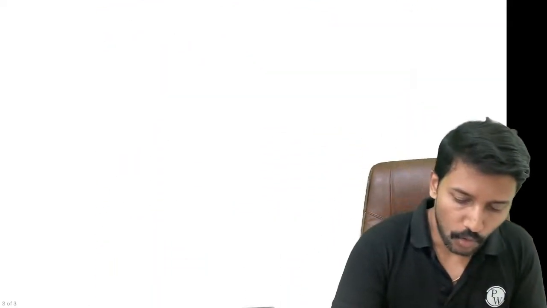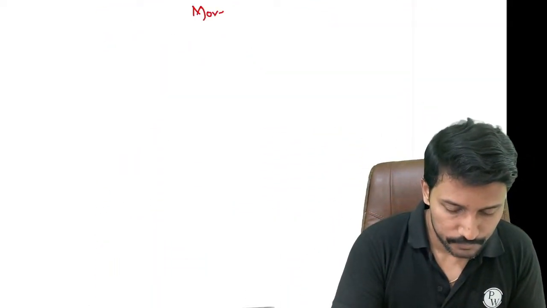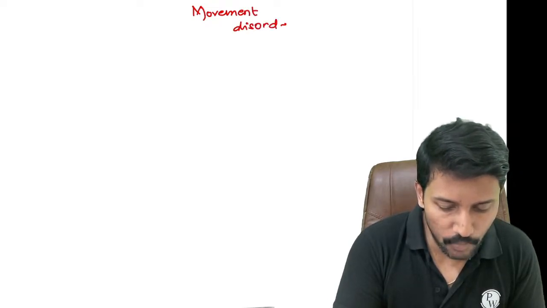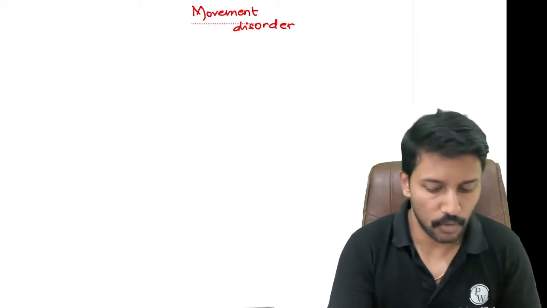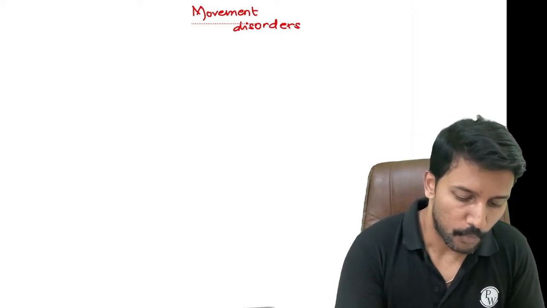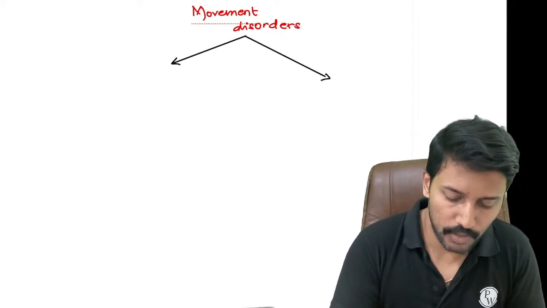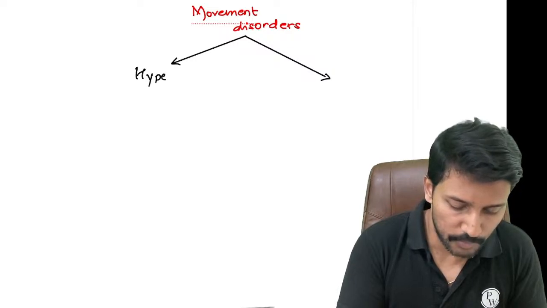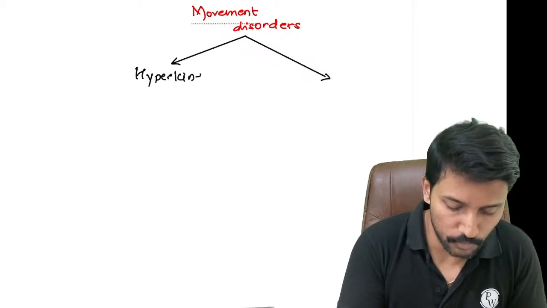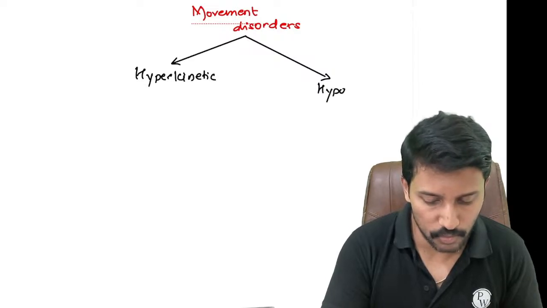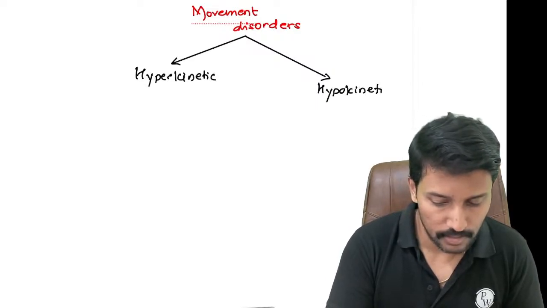Now if I have to talk about movement disorders, these are conditions where there are abnormal movements happening. Broadly, abnormal movements are classified into hyperkinetic movement disorders. Hyper means increase, so those are the conditions where the movements are increased, and hypokinetic movement disorders where the movements are decreased.